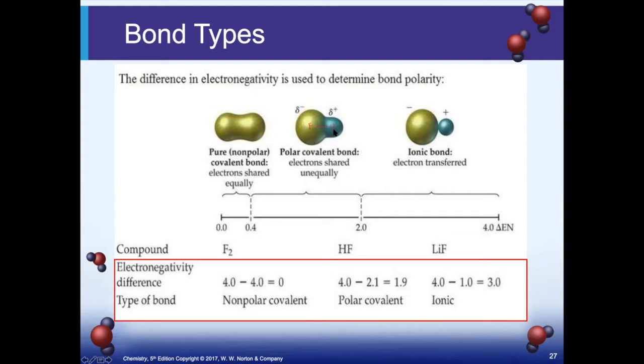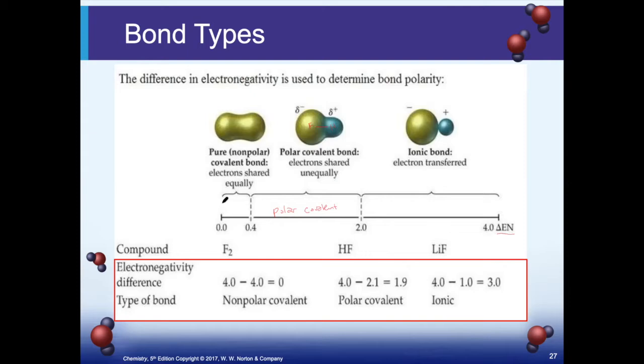If you were to look up the electronegativity value of hydrogen from that table, you would see it's 2.1. And so the difference is 1.9. And so anything in that range of 0.4 to 2, electronegativity difference of 0.4 to 2, this is what we would call polar covalent. So this whole range is polar covalent.